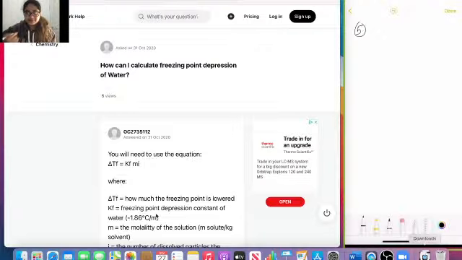Okay, the fifth question says, how can I calculate freezing point depression of water? When you're dealing with freezing point, you will need an equation.